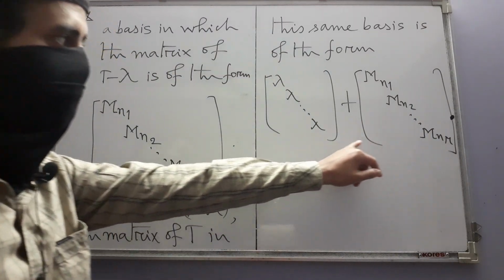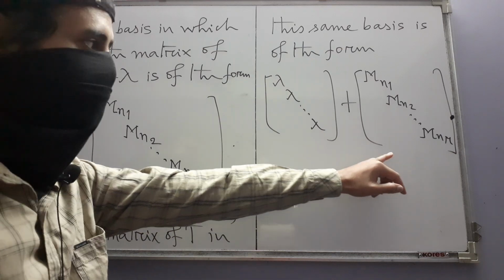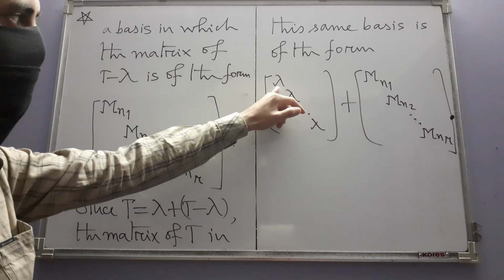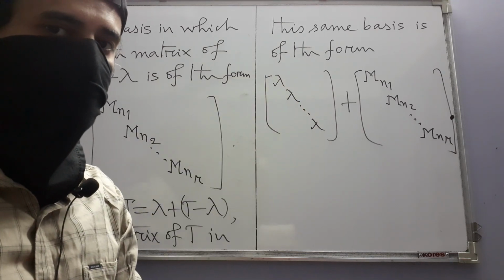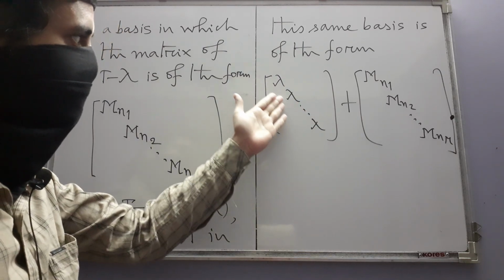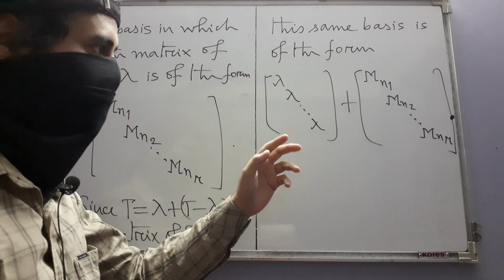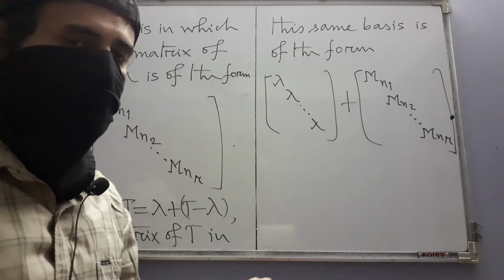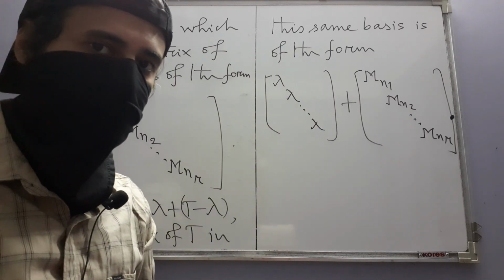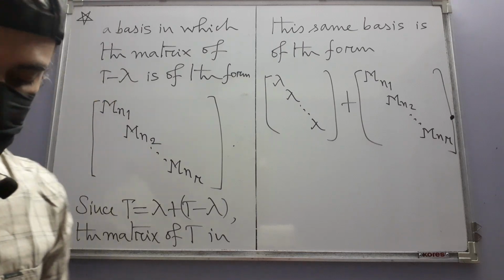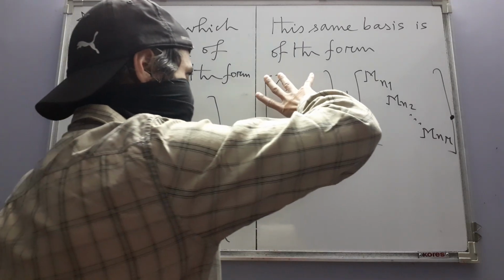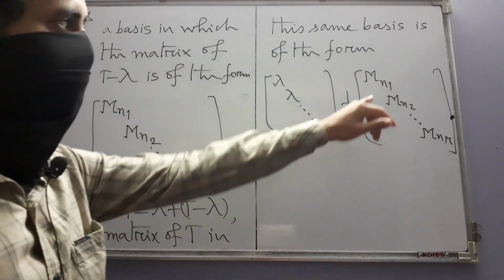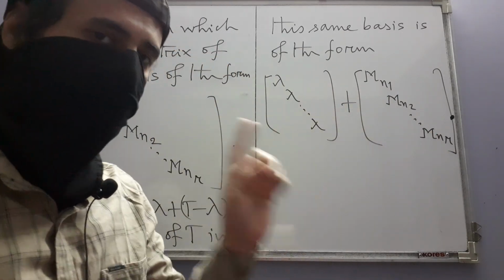These two matrices are of the same size. Okay, if this is n by n, this is also n by n, and it's the diagonal matrix. Actually, it's a scalar matrix where all the diagonal entries are lambda. And whenever, I have already said this before, the places where we do not write anything in a matrix, it's assumed that those places are 0. But you have to interpret this carefully. The sizes are same. This is a block diagonal matrix where the blocks are not necessarily 1 by 1.